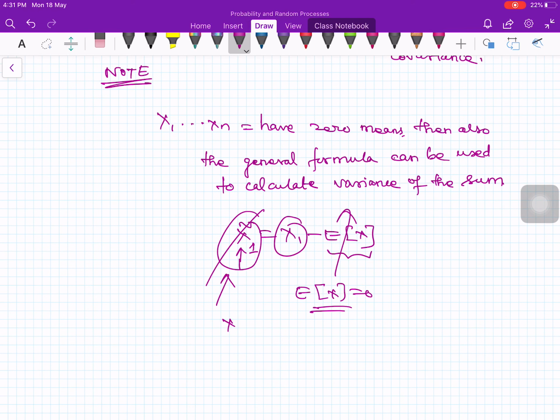In that case, no need to introduce this x tilde if means are 0. If you don't introduce the symbol, then your expression looks very lengthy, and it becomes cumbersome and tedious to do the simplification. For that reason we introduce this x tilde.